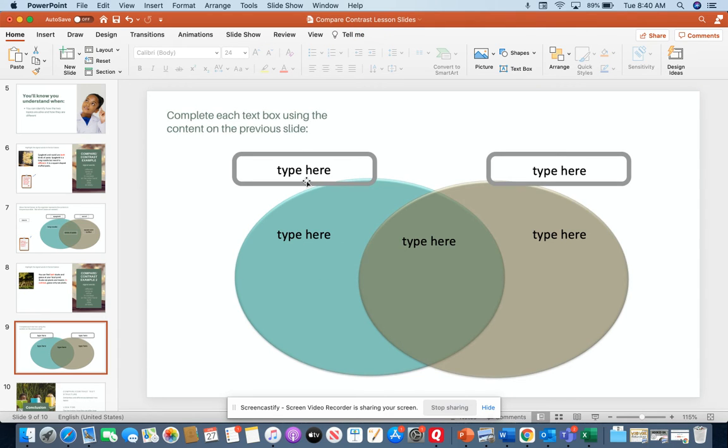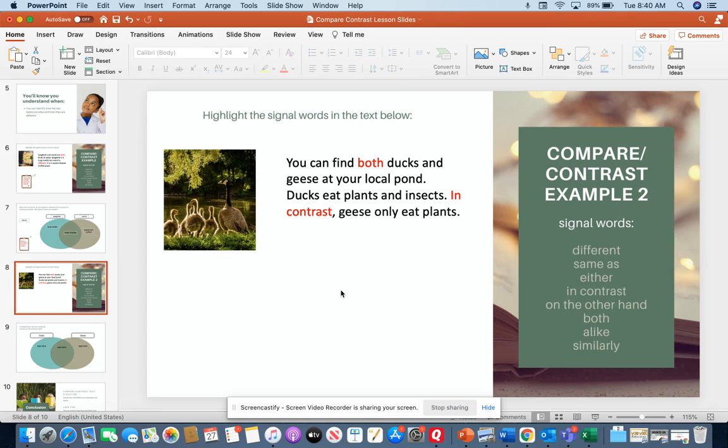So let's compare these. We're comparing ducks and we're comparing geese. Now, let's find a way that they're the same first. So the first sentence says you can find both ducks and geese at your local pond.